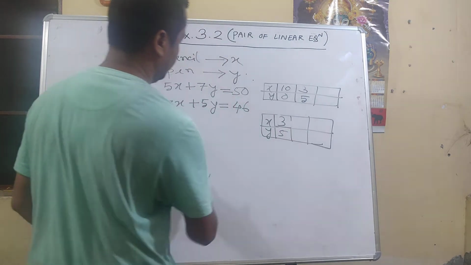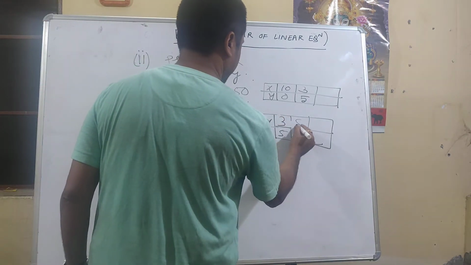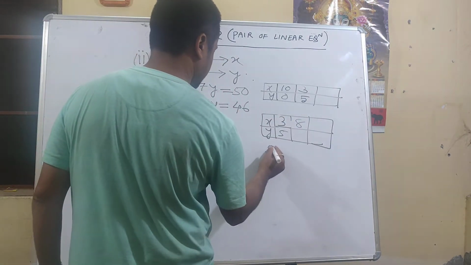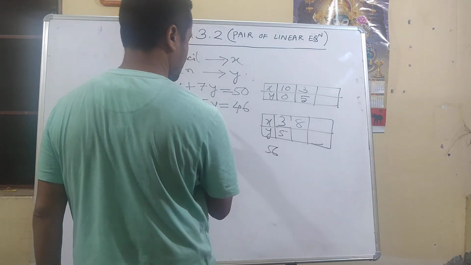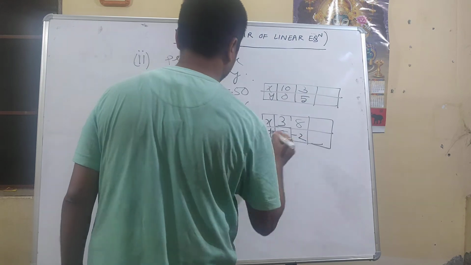So 3, 5. One more point, suppose x is 8, then 7 into 8 is 56, 46 minus 56 is minus 10, so y is minus 2.